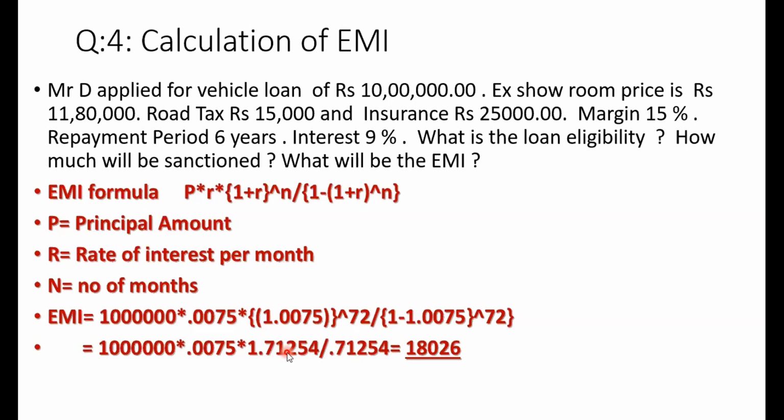Demo. First, what you do? You key in 1.0075 into 1.0075. If you put equal to, that is the second month. 1.0075 into 1.0075, you put equal to, that is the second month. Another equal to, third month.